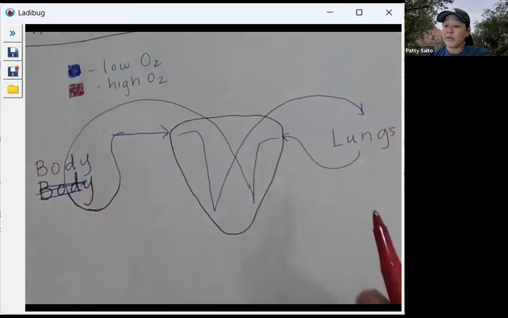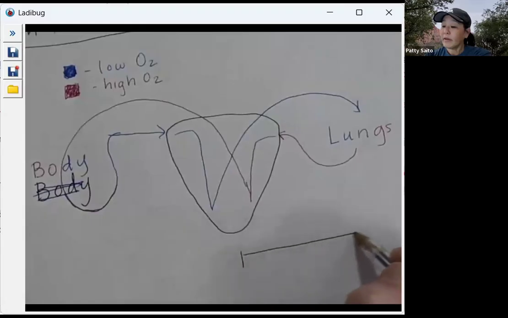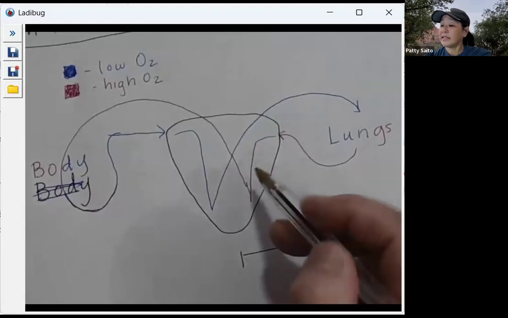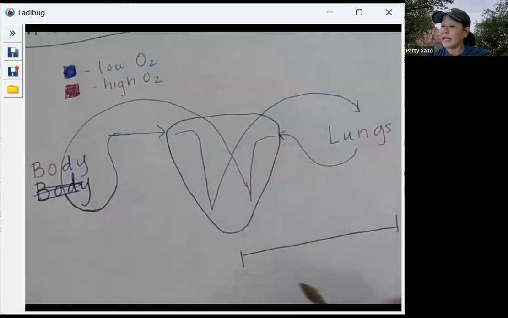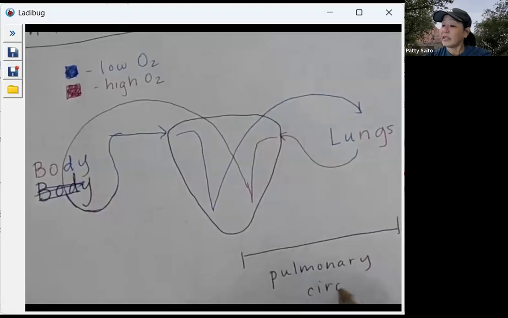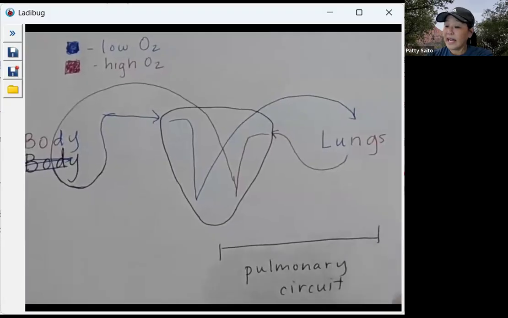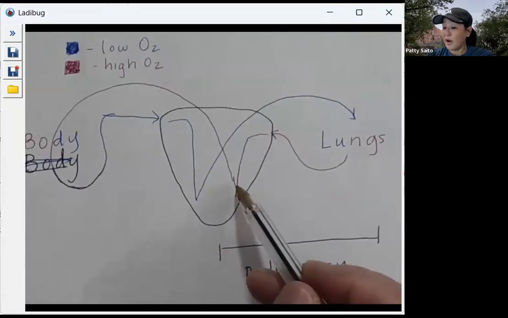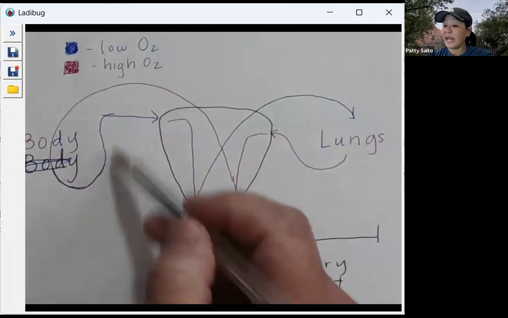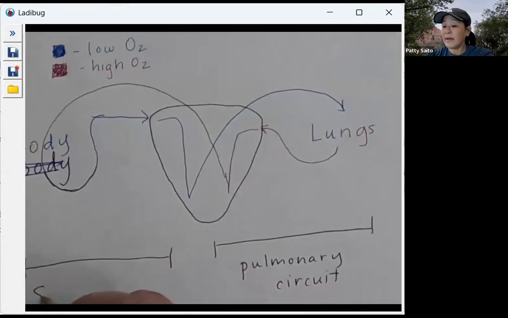All right. So this circuit here to the lungs and back to the heart is called the pulmonary circuit. Whereas this side going from the heart to the body and back to the heart is called the systemic.